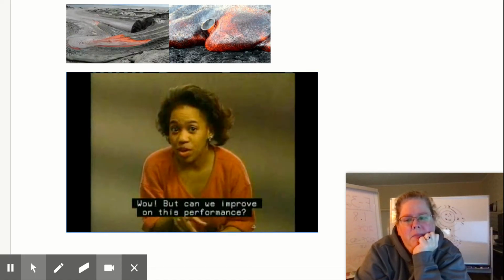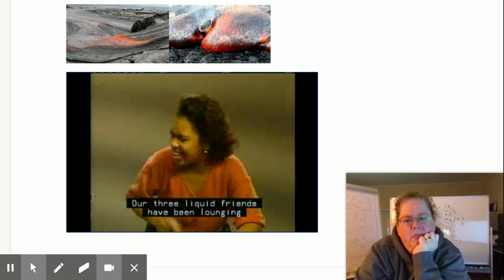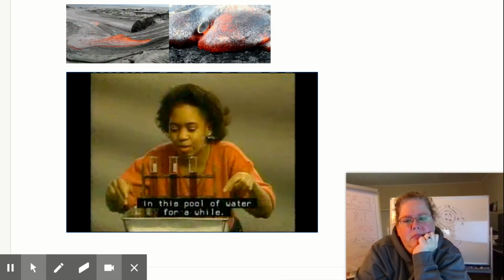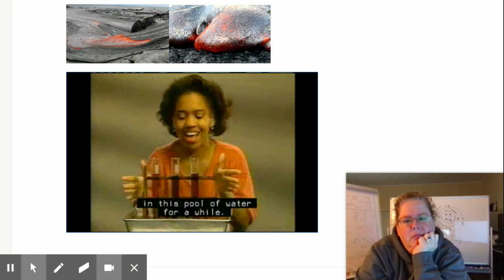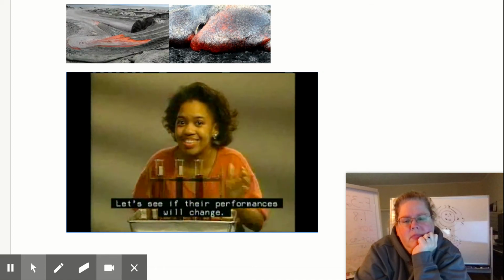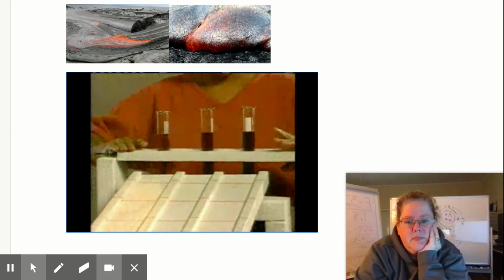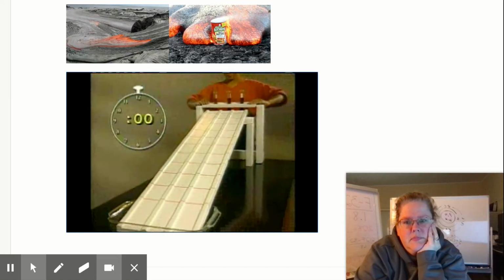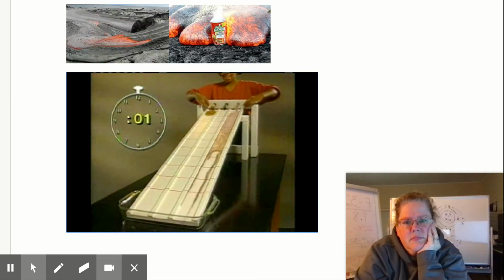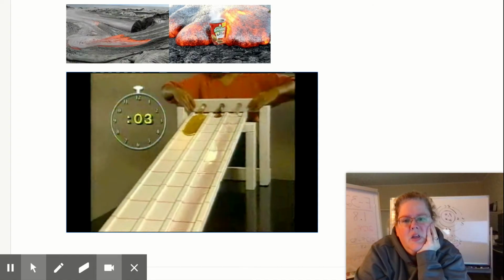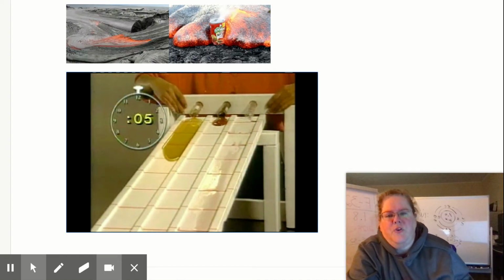Wow, but can we improve on this performance? You bet. Our 3 liquid friends have been lounging in this pool of water for a while. Let's see if their performances will change. And it's warm water. You can definitely see a difference.